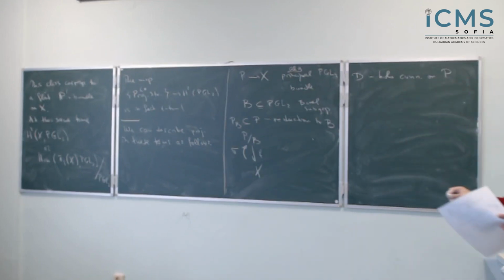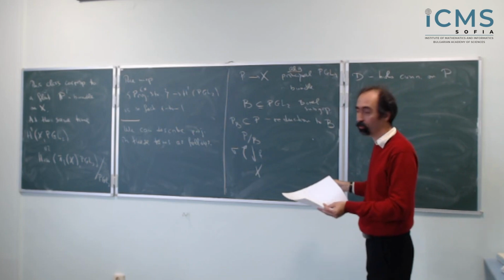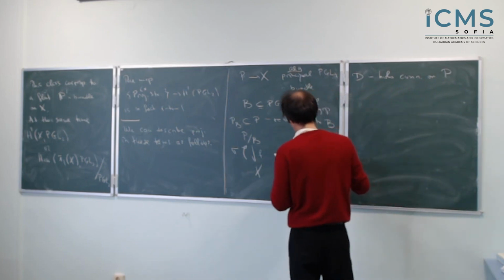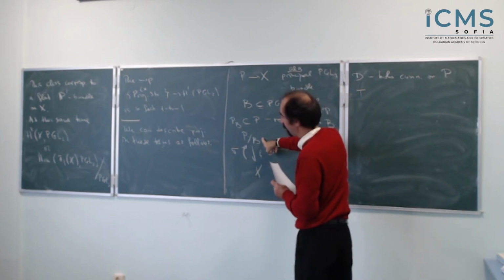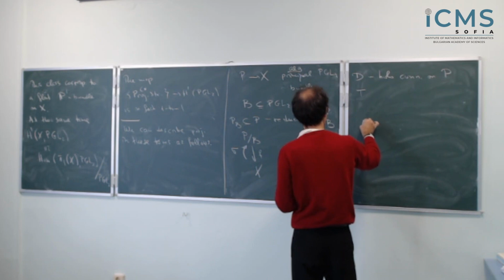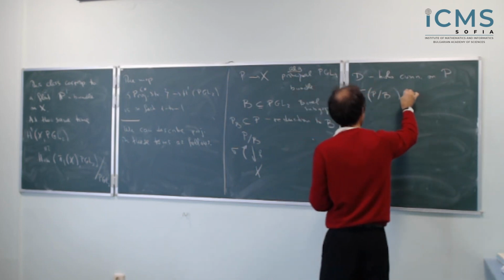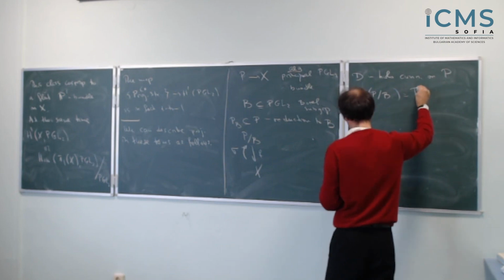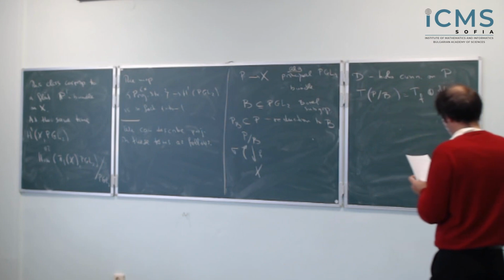It's automatically flat because in dimension one, a holomorphic or algebraic connection is flat. There are no 2-forms. And so the presence of the connection splits the tangent bundle here into a horizontal and a vertical piece. Right? So it splits T_F, P mod B, into two pieces: the vertical, which is already there, plus some horizontal bit.